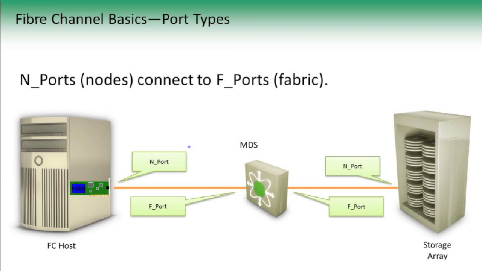Well, there's actually many types of ports, but there are two types of ports that we are interested in. There's fiber channel hosts, and those utilize what are called N ports, N for nodes, and then there are F ports, F for fabric. So we've got our N ports and our F ports in a fiber channel type of infrastructure.